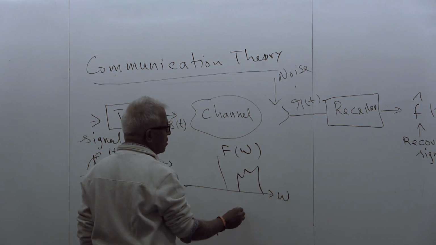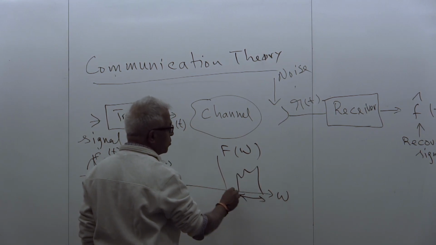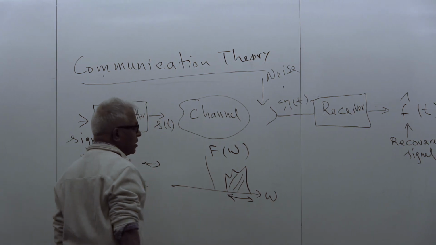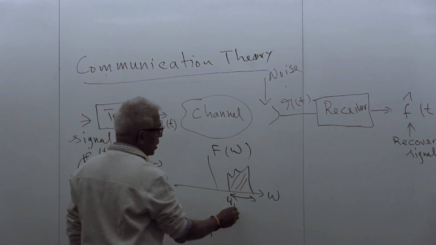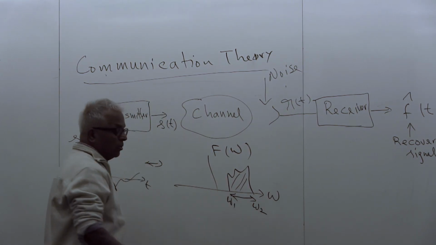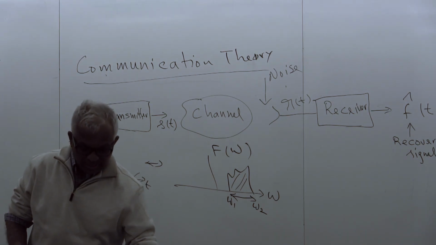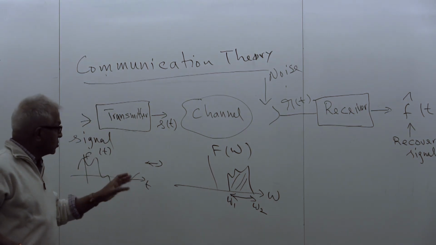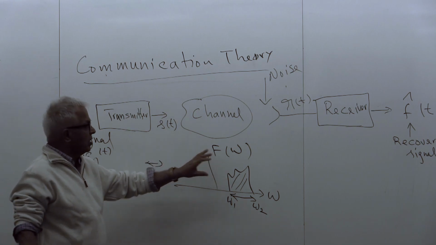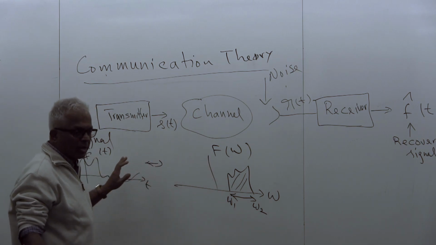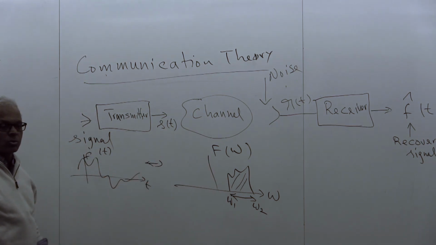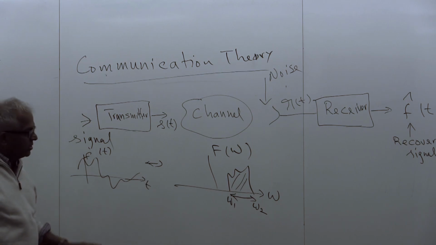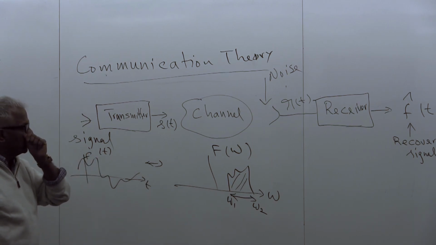If the signal in the Fourier frequency domain is dominant in this region, omega 1 to omega 2, then you know this is the region where the signal is present. And this information is one and the same, because it's just looking at the same thing in two different domains. This is in the time domain, that's in the frequency domain.